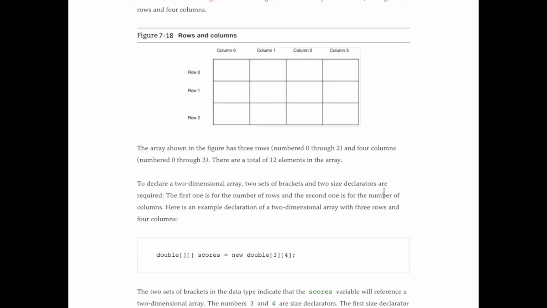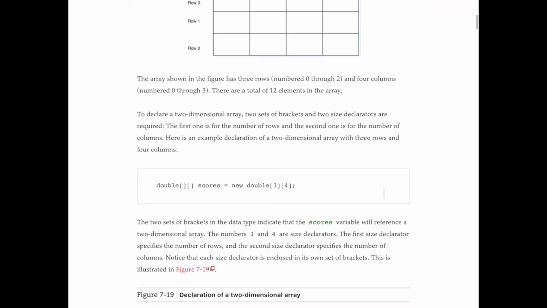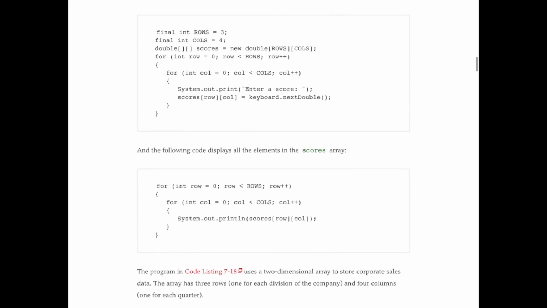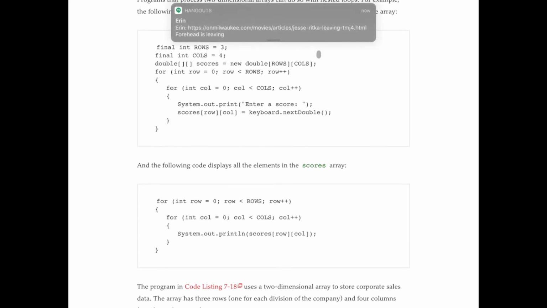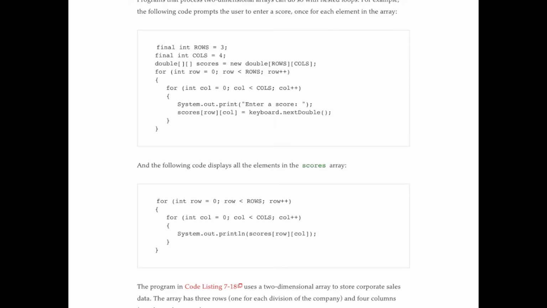Now, the way we would iterate through these, if I scroll down a little bit more, we would see a very neat, very tidy little piece of code with a nested for loop. We have the outer for loop, which handles the rows, and then the inner for loop, which handles the columns.